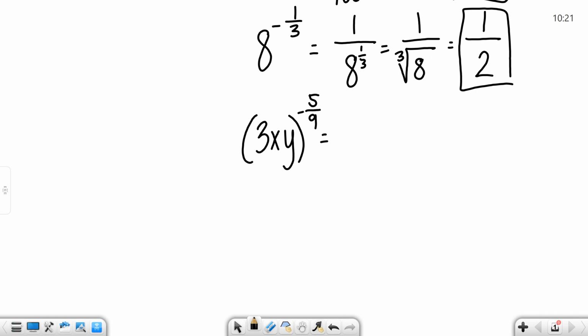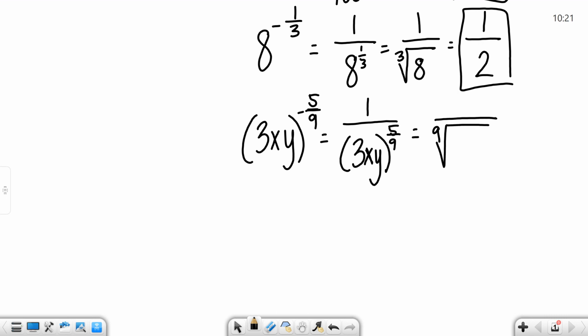All right, now that negative exponent just means put it in the denominator. Then the exponent becomes positive. All right. Now we're going to use our radical signs to help us out. So we've got the 9th root of 3xy, and I can put this 5 on the outside. Okay, that would be my answer.